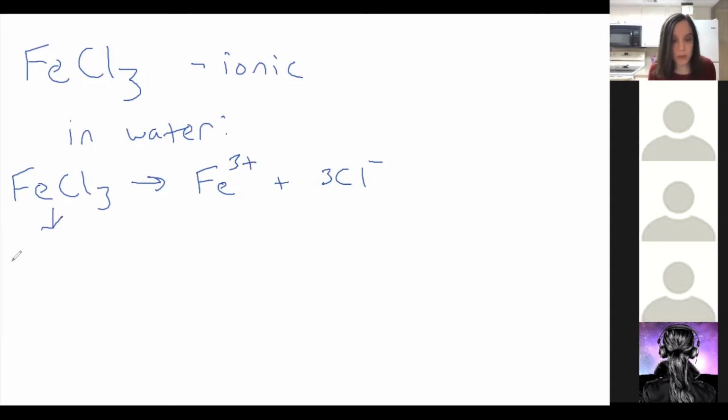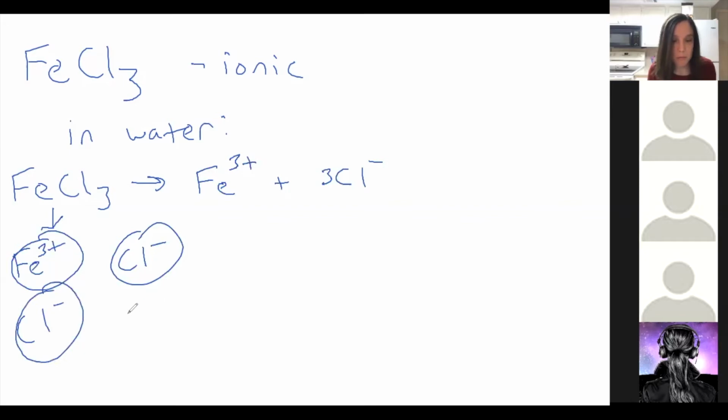You can think of it like this too, where you'd have 1 Fe3+ atom split off, and you'd have 3 Cl minuses. And these would each be separate.